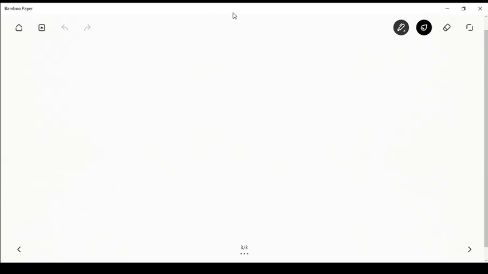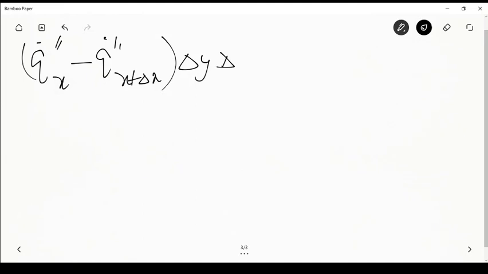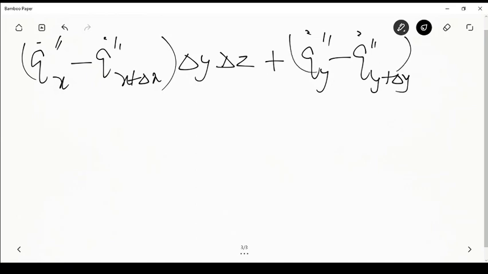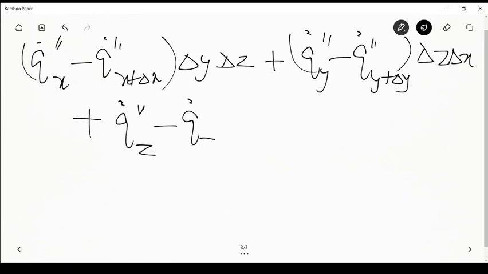It will be q dot x double prime minus q dot x plus delta x double prime, the whole thing multiplied by delta y delta z, plus q dot y double prime minus q dot y plus delta y double prime multiplied by delta z delta x, plus q dot z double prime minus q dot z plus delta z double prime, whole thing multiplied by delta x delta y.